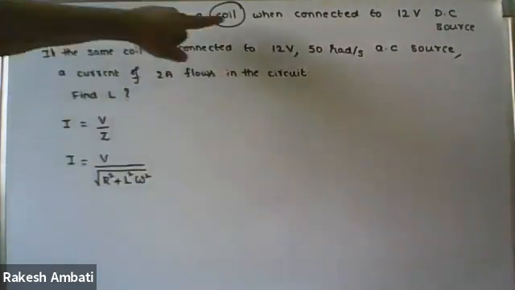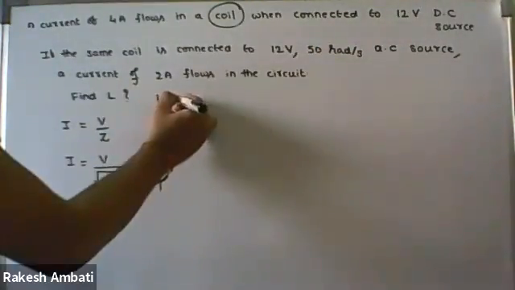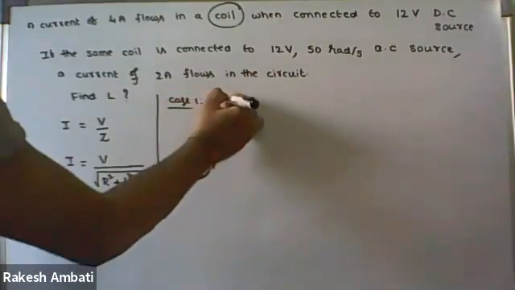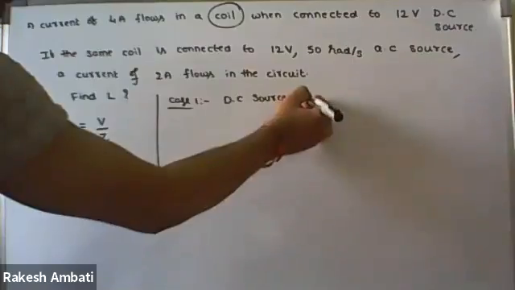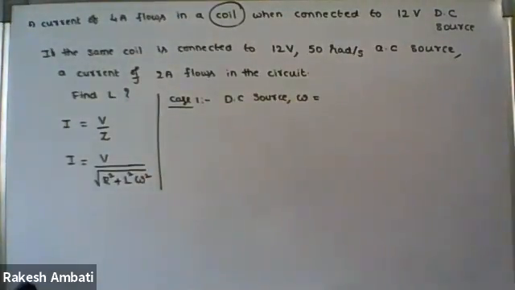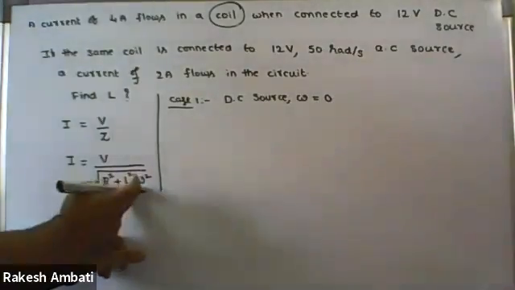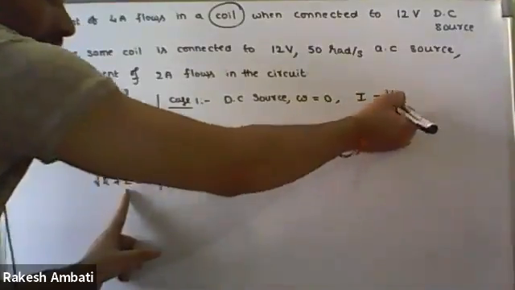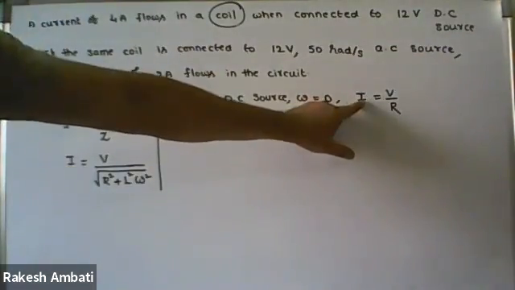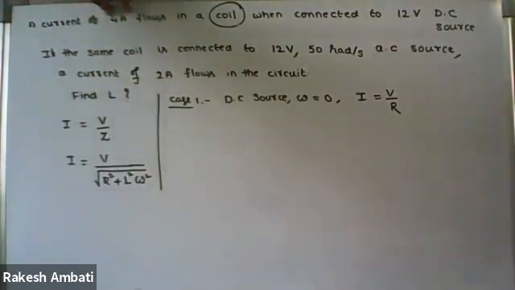Coming to the question, look at the first statement, DC source. So I'm taking the first case. In the case of DC source, what is the omega value? For DC, omega is 0. If omega is 0, then I equals V by R. How much current is given in the first case? 4 amperes.